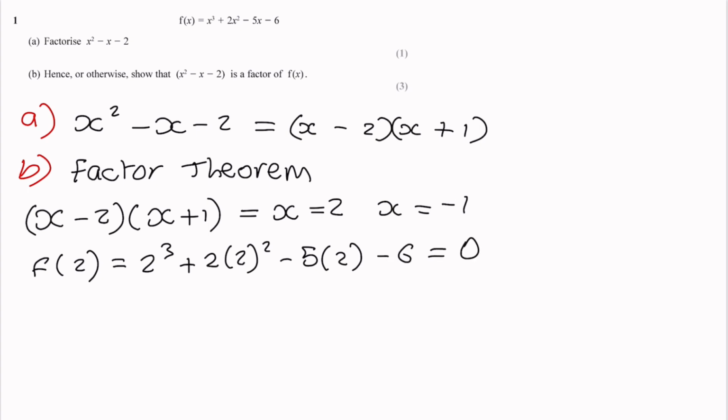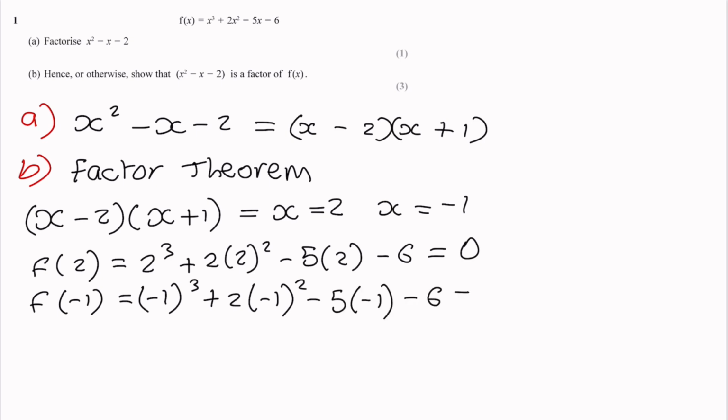If we also substitute in f of minus 1, so the other factor from here, we should also get 0. So minus 1 cubed plus 2 times minus 1 squared minus 5 times minus 1 minus 6, and that also gives us 0. So we have shown that 2 and minus 1 are solutions to f of x, which shows x minus 2 and x plus 1 must be factors of f of x.